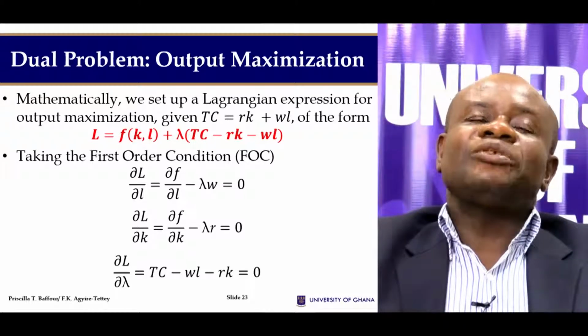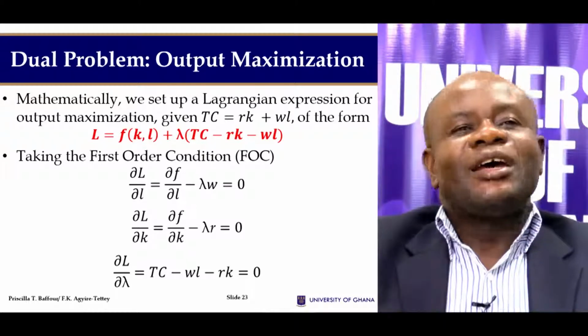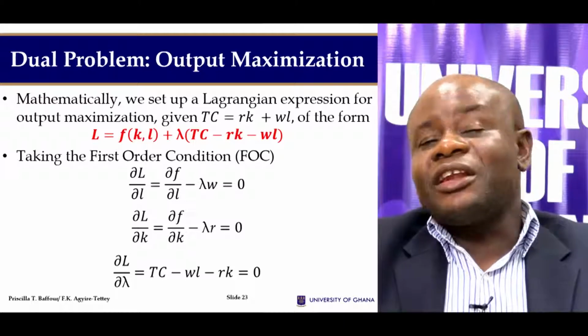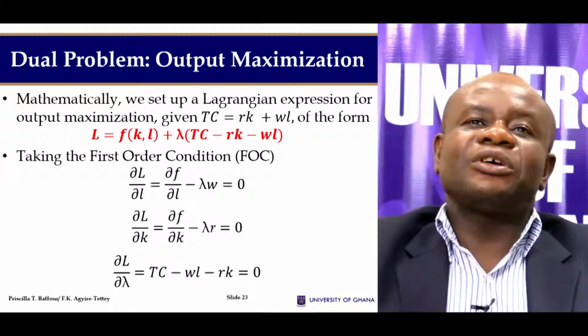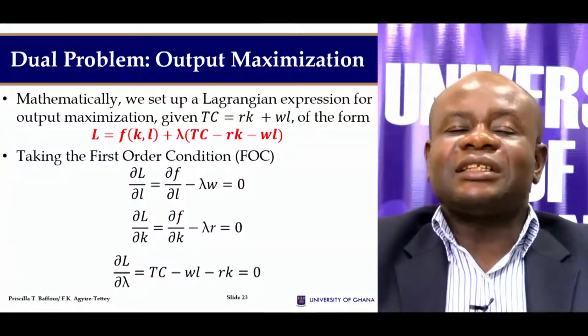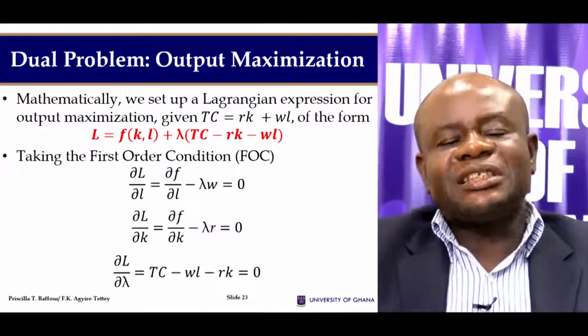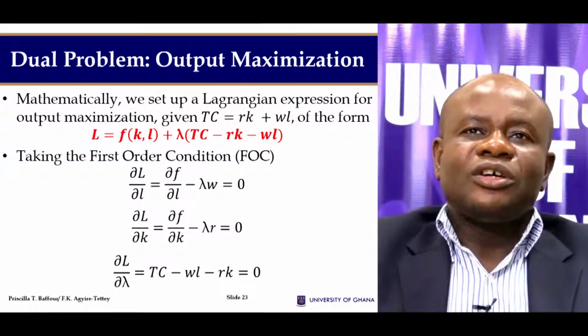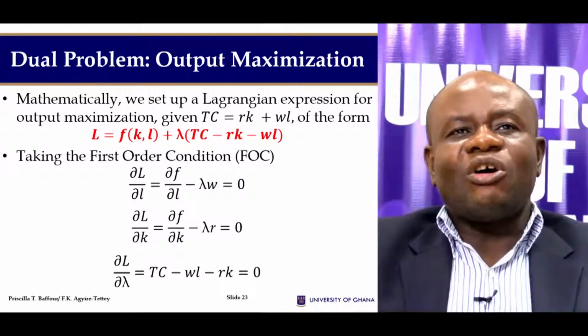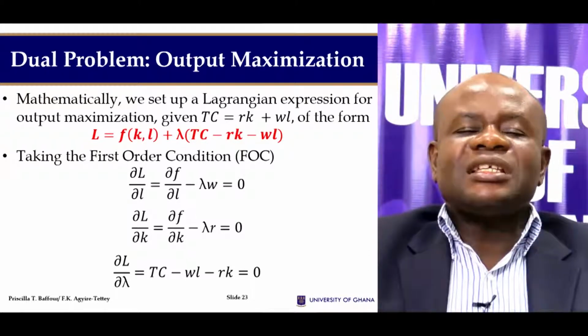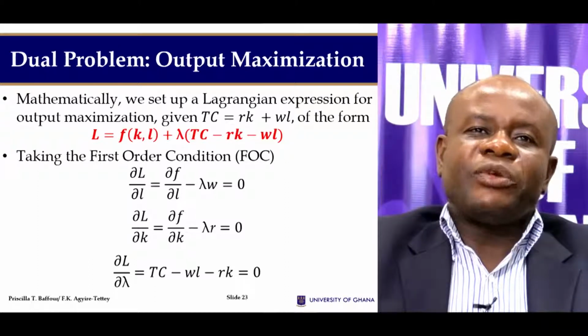Now, all that we've done is to look at cost minimization. Another way of looking at this is to look at it the other way around, that is in terms of output. So we try to maximize our output subject to the cost. So we determine the cost that we want to incur. What is the maximum output that we can produce?